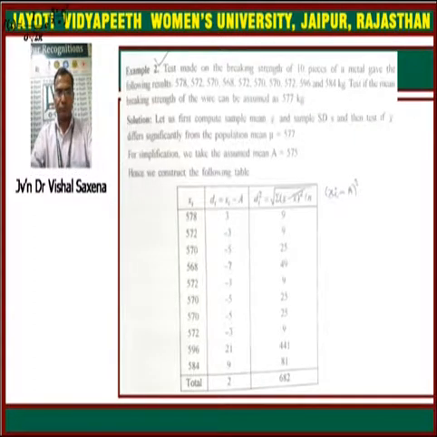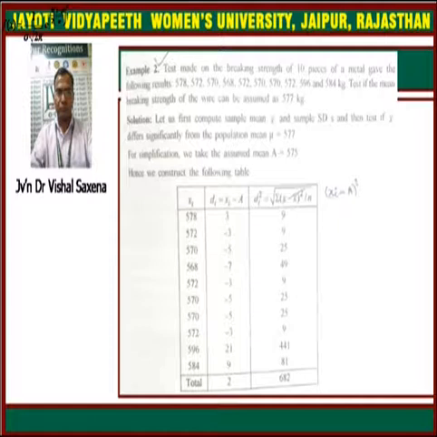Now we have a problem to understand this t-distribution test. The first example: a test made on the breaking strength of 10 pieces of a metal gave the following results. These are the breaking strengths of the 10 pieces: 578, 572, 570, 568, 572, 570, 570, 572, 596 and 584 kilogram.